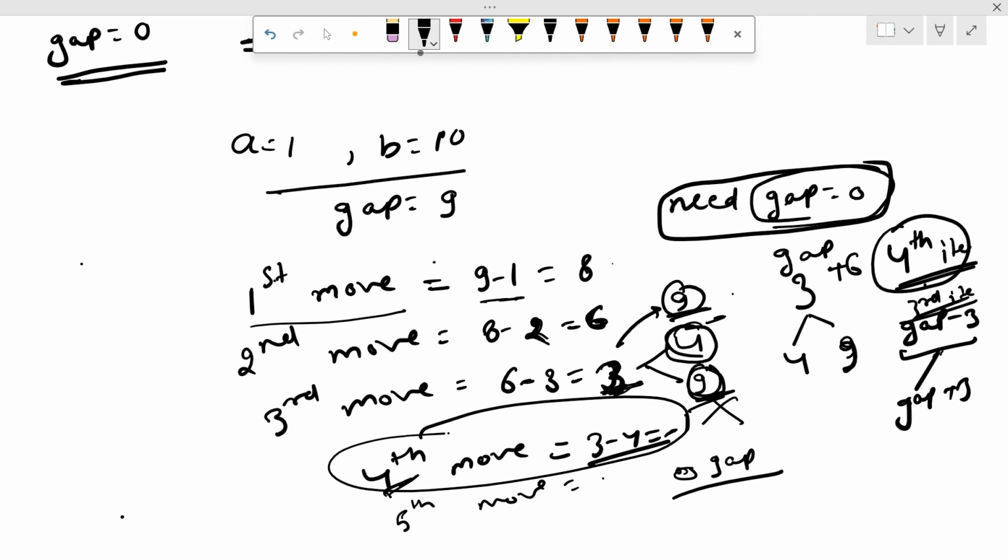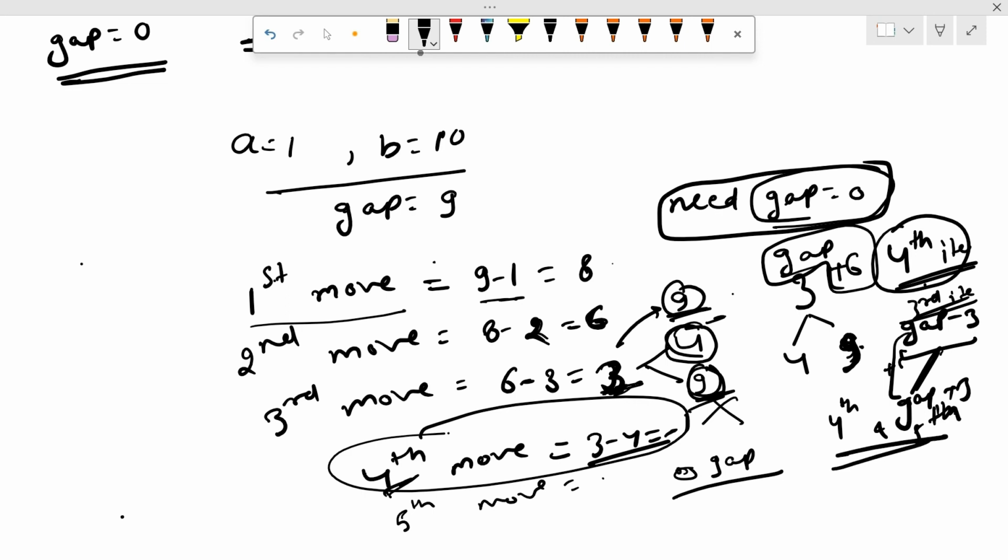So 3 plus 6 is 9. After 9, we need only two iterations, the fourth and fifth.